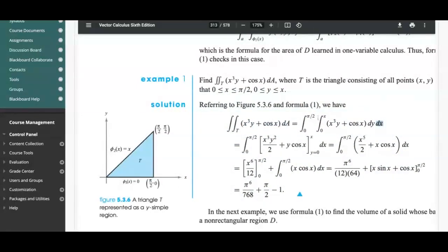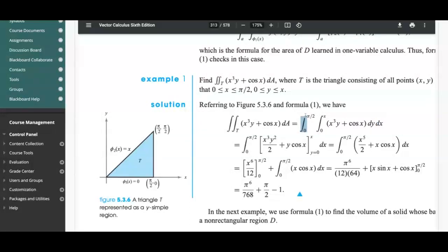So the x direction goes from 0 to pi over 2. The y direction goes from 0 to x. What is the crucial difference from before? The variable with constant lower and upper limits is set up as the outer layer.